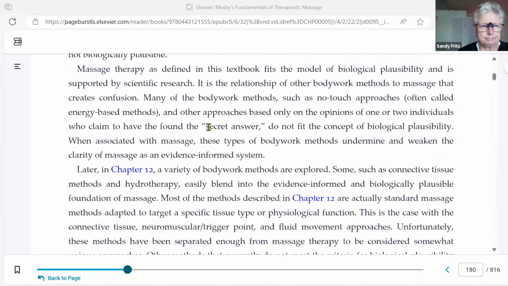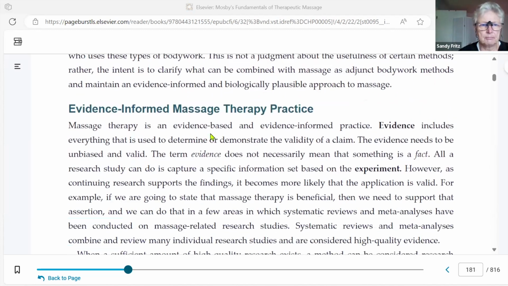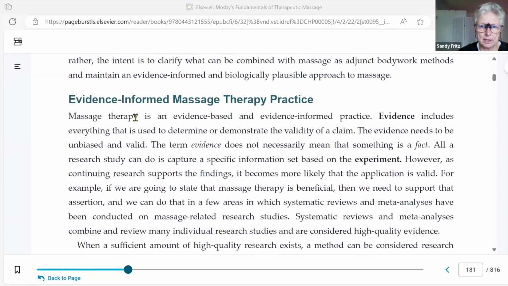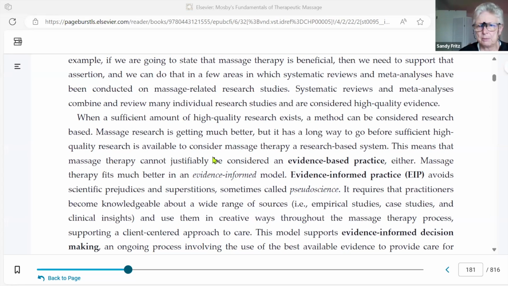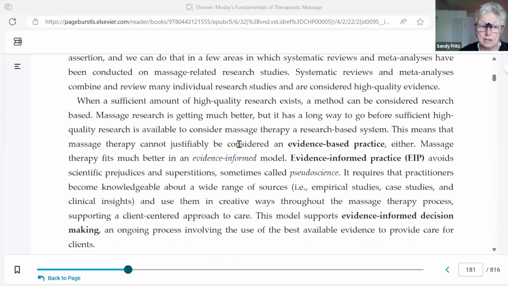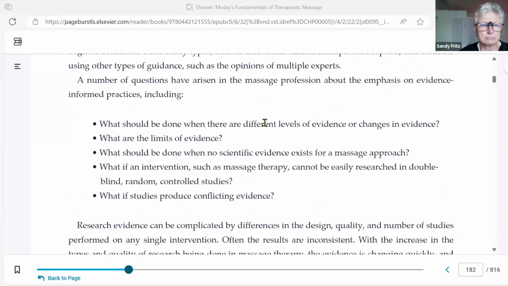All right. We have discussed evidence-informed massage therapy practice before, and the context here is how it fits in with our confidence level and how we explain and justify the appropriateness and the benefits of massage.